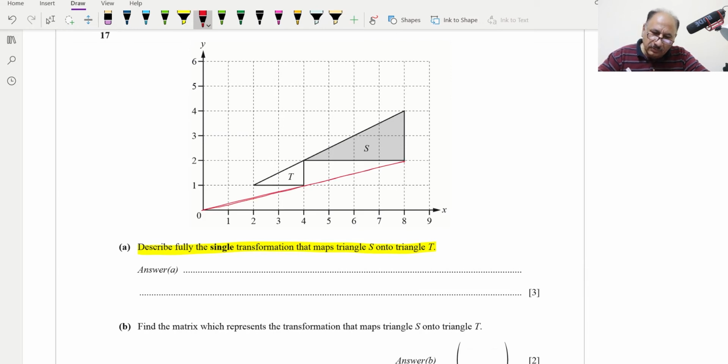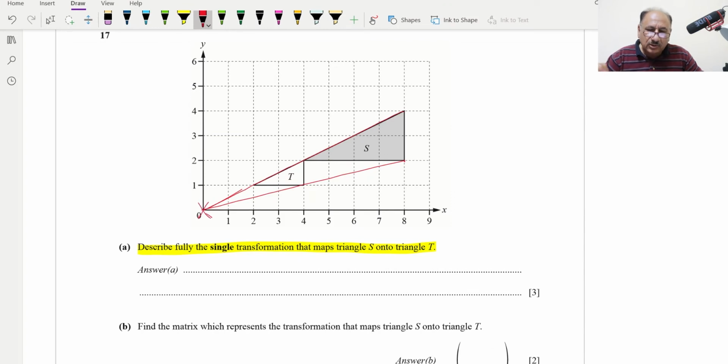I will redraw carefully so that we do not have a double line like this one. Okay, and on this other side also we can draw the line which will be like this one.